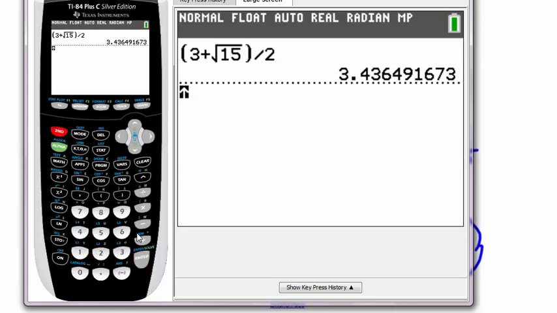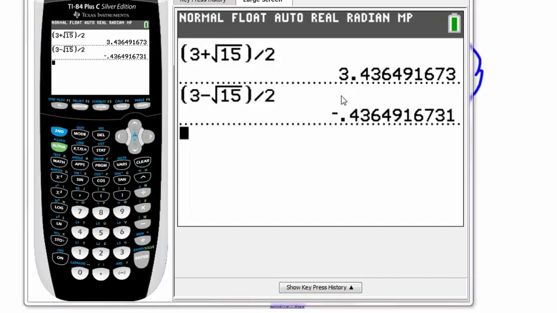And if you hit second and enter, it'll bring that back up, so you can do the same thing with just changing the addition to a subtraction sign and then just hit enter again. So there are 2 times when the current reaches 10 amps. After 3.44 seconds and after negative 0.44 seconds.